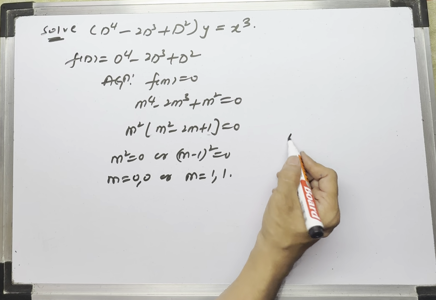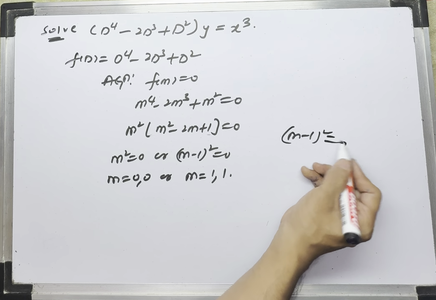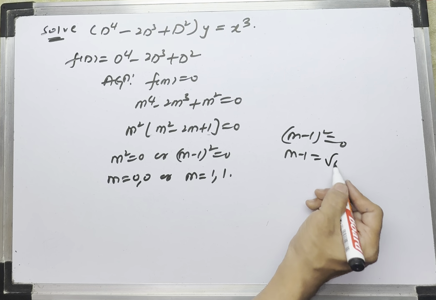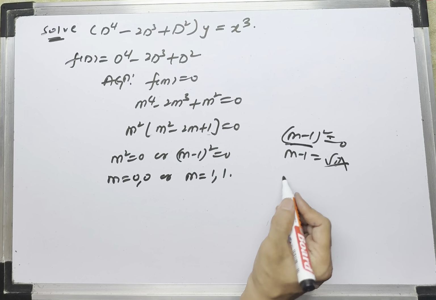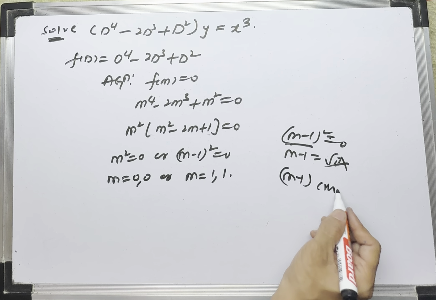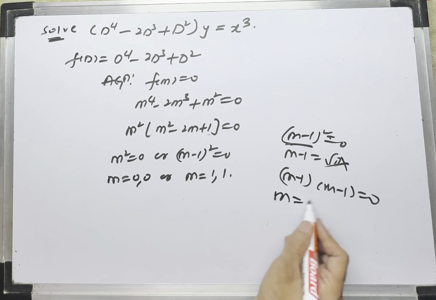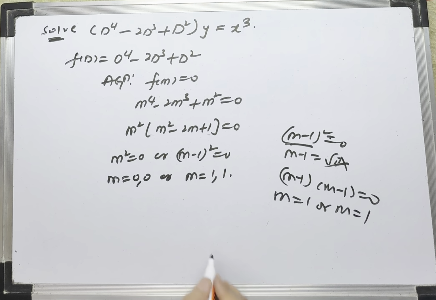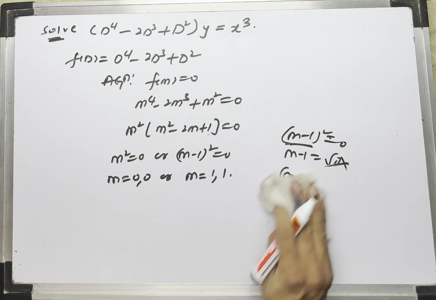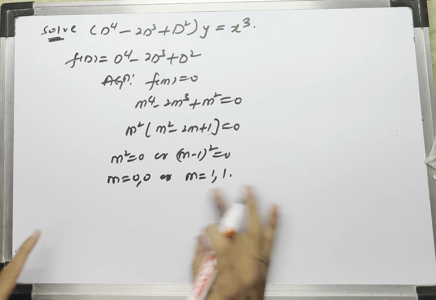Here you get m equal to 1 and 1, 2 values. When m minus 1 whole square equals 0, don't send that square to the other side, don't take the root. Because m minus 1 is there 2 times, you can get m minus 1 2 times. So one is m minus 1, the other one is also m minus 1, m equals 1. So when square is there, we'll get 2 values for this.